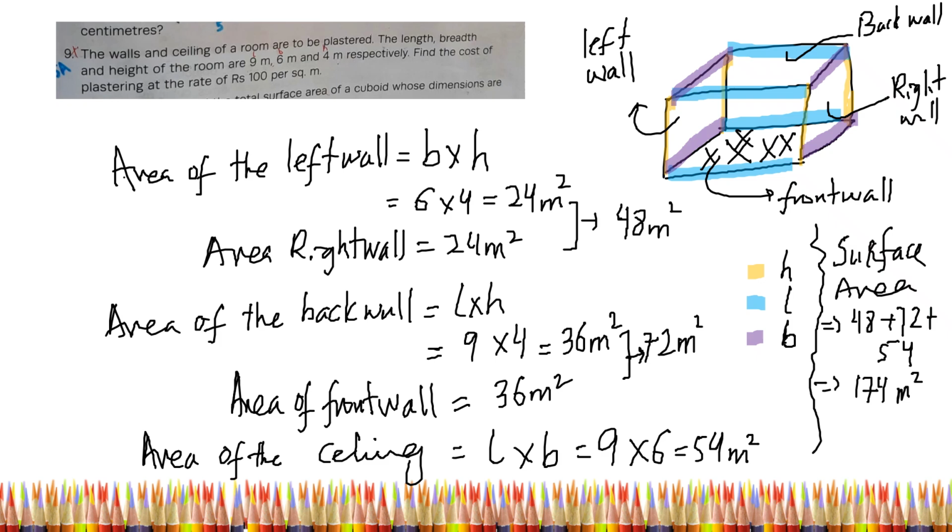Now you have to tell the cost, and the rate is 100. So that means 174 multiplied by 100 will be the cost, which is 17,400, right? So this will be the answer, and the unit will be written in rupees: 17400.